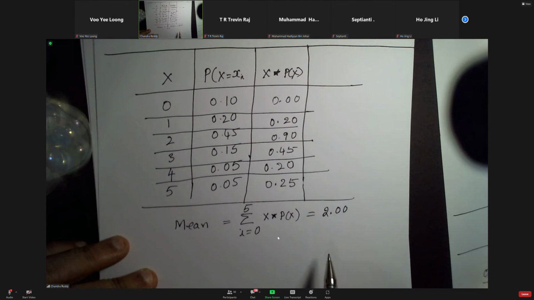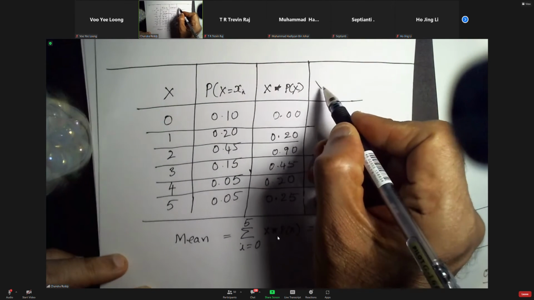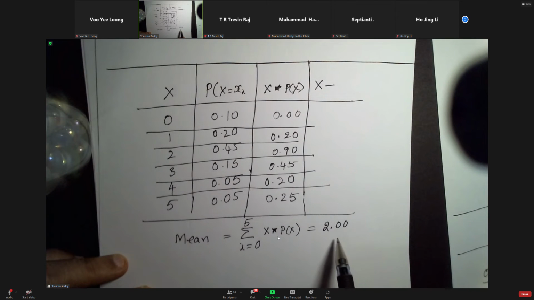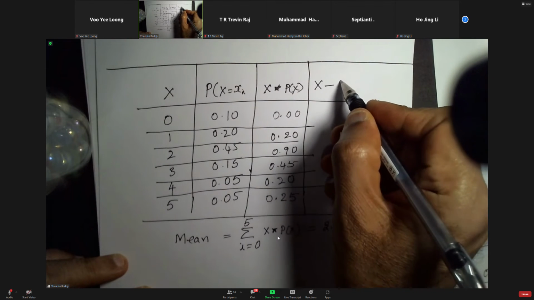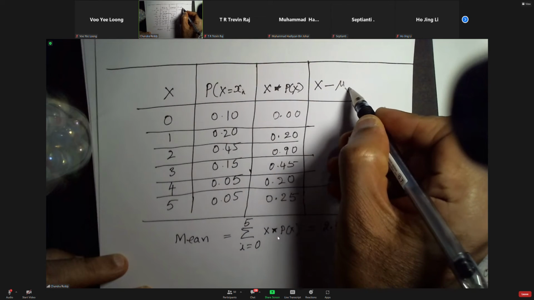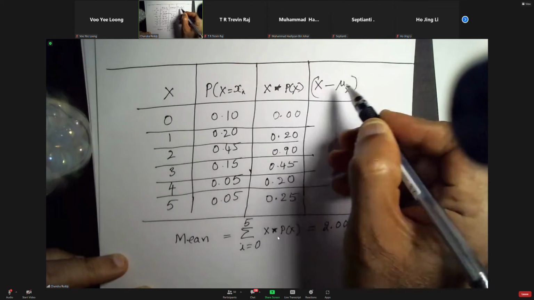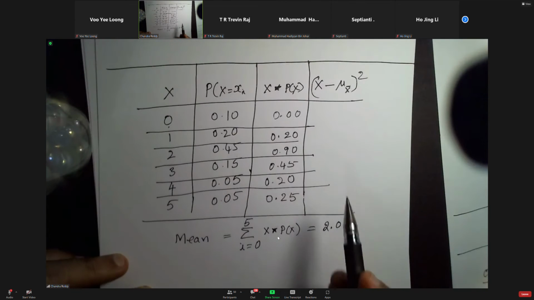So next what we need to do is prepare another column, x minus x bar whole square. The mean is now 2.0, right? From every point we need to subtract the mean.